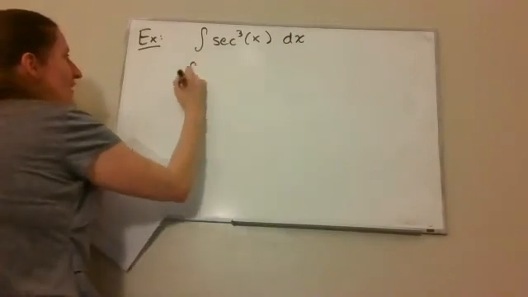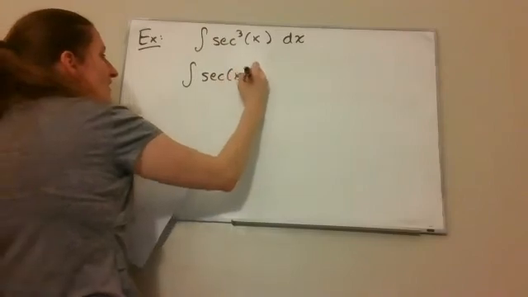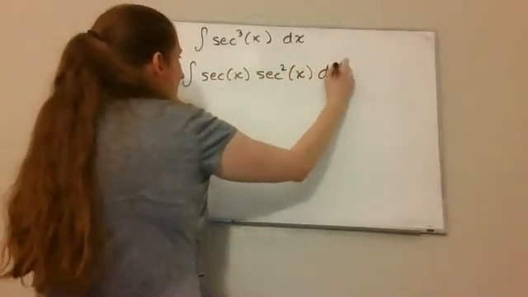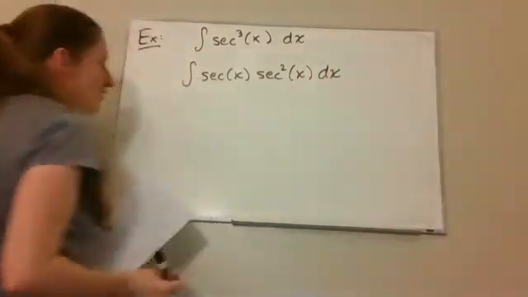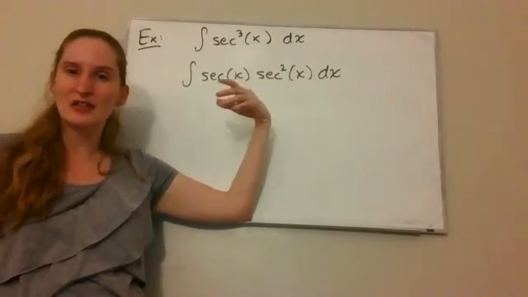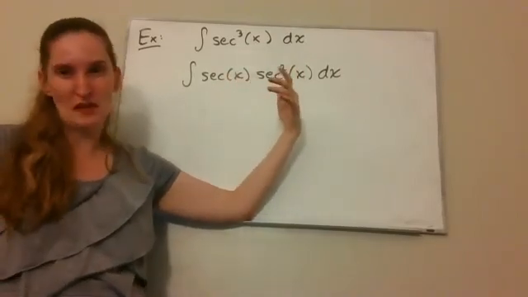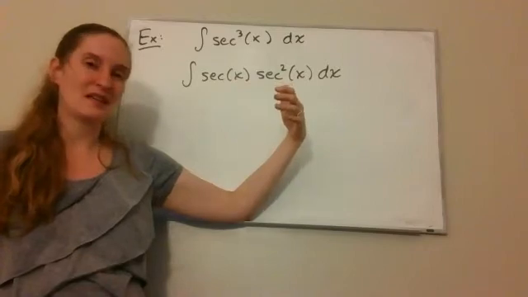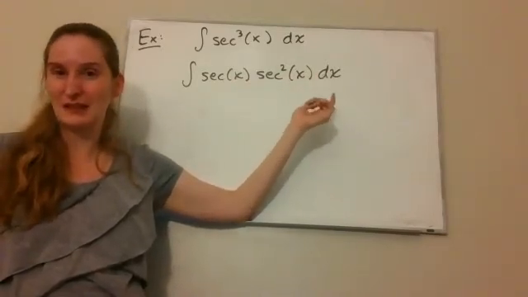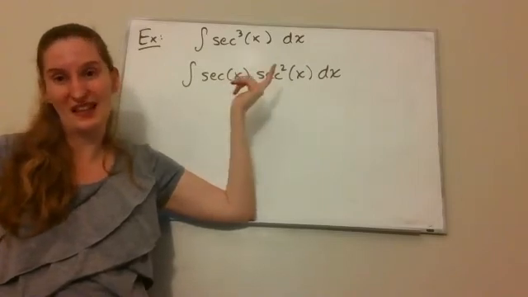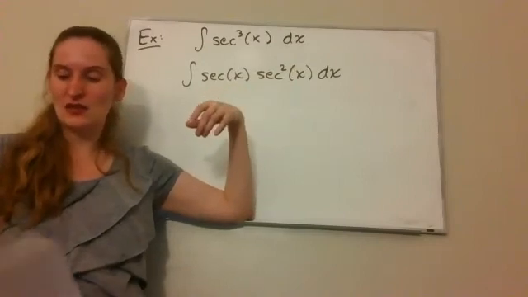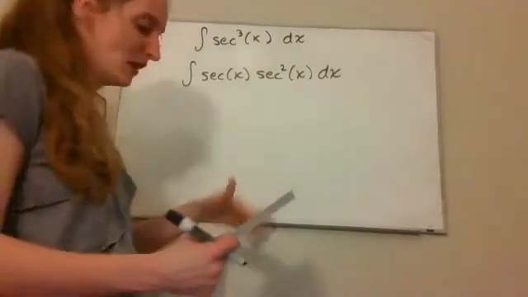So first I'm going to write this as secant times secant squared dx. Now you might be thinking, well, why don't I just turn this secant squared into something involving tangent squared? Well, because then if I did u equals tangent, the du would have to be a secant squared, and I only have one secant left. So that would not work. So we're not going to use that trig identity on this problem.